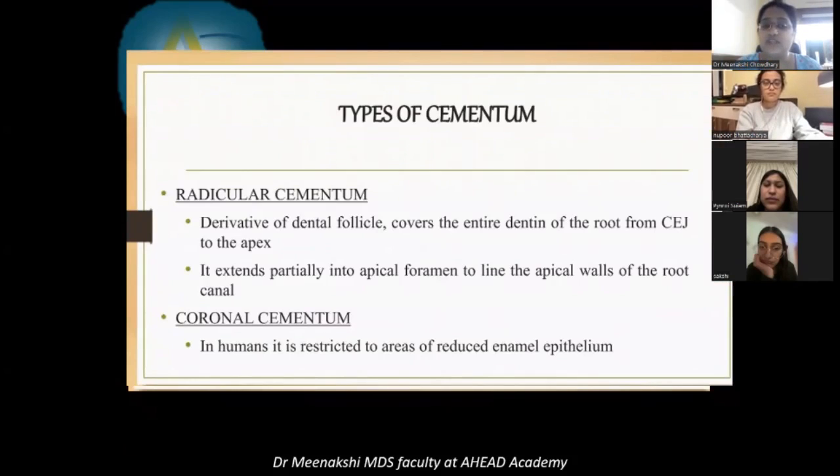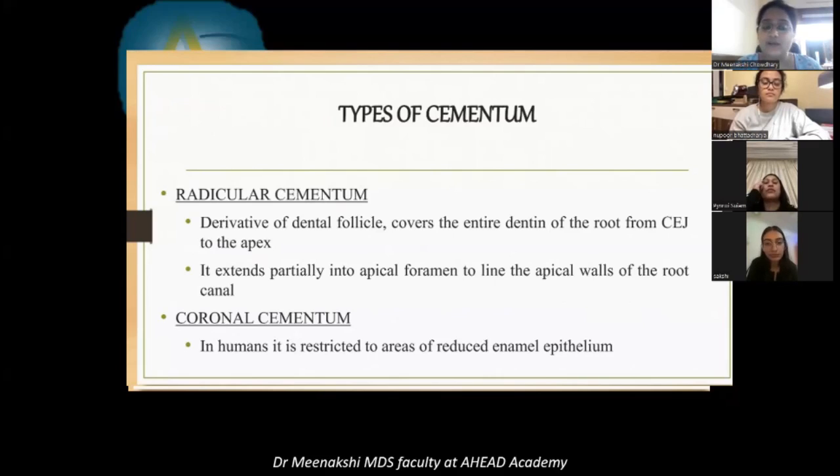Based upon this, we classically have cementum as radicular cementum or coronal cementum. Coronal cementum in humans is restricted to the areas where reduced enamel epithelium is present, even in the erupted tooth. That means just within the vicinity of the cementoenamel junction.